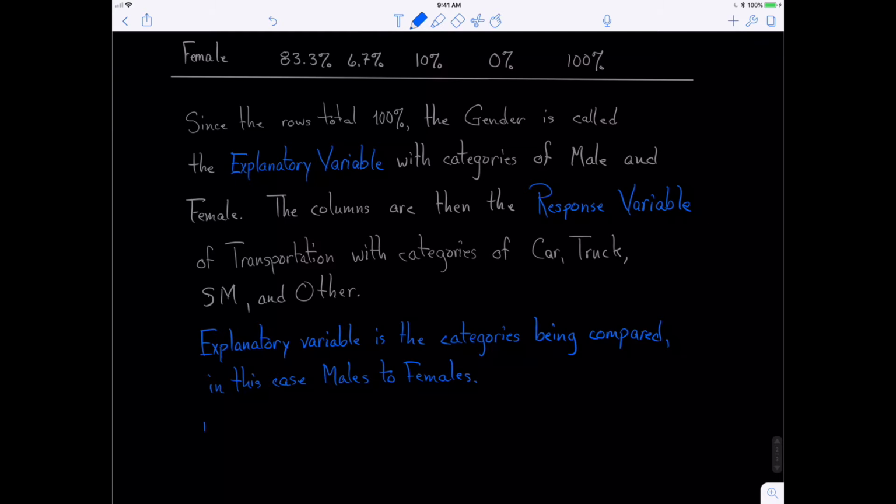And then the response variable is the outcomes of the comparison. In this case, it's the mode of transportation. So we'll put mode of transportation. Oops, not node, we want mode.